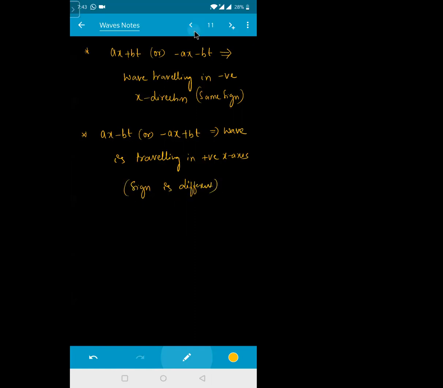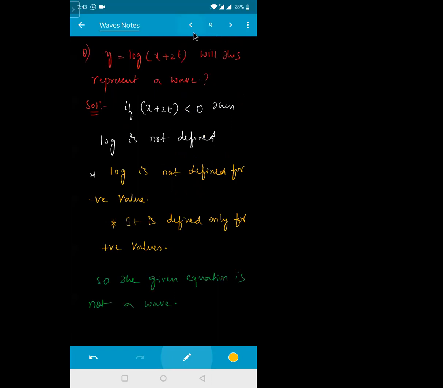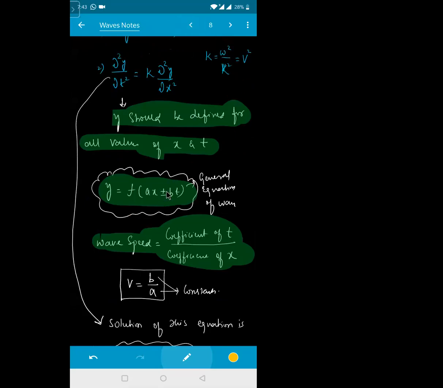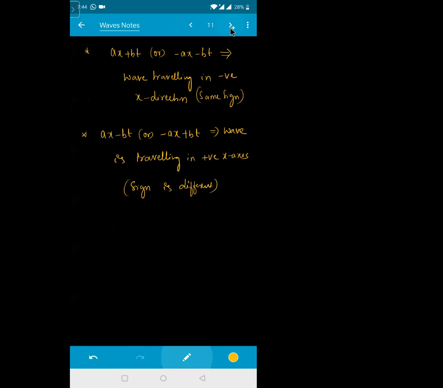Isn't it? This equation I told you here: y is equal to ax plus or minus bt. If it is plus, that means it is moving in which direction? Negative x-axis. If it is negative, that will be moving in which direction? Positive x-axis. That's the statement I have written here right now. You see, ax plus bt or minus ax minus bt. That means the wave is traveling in which direction?